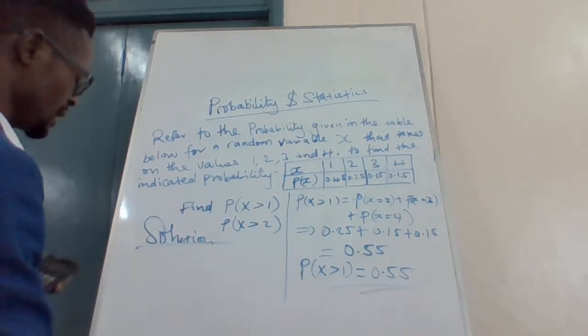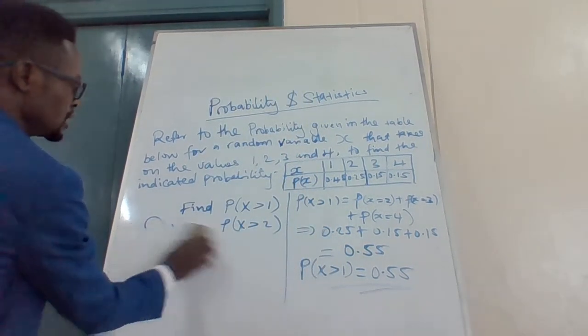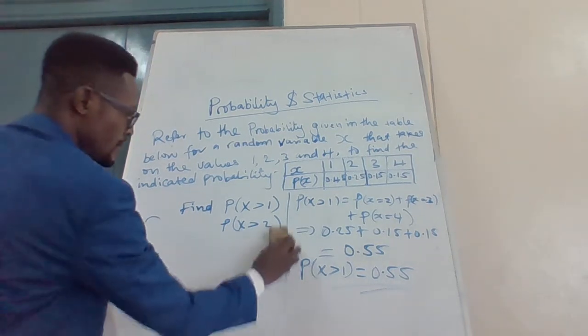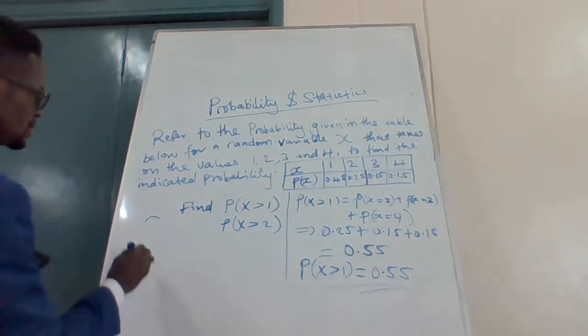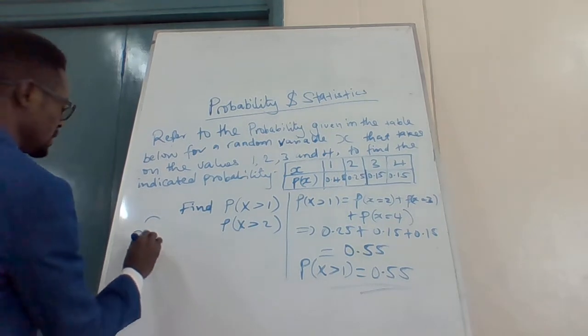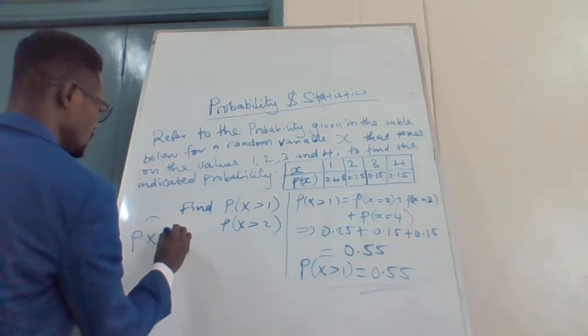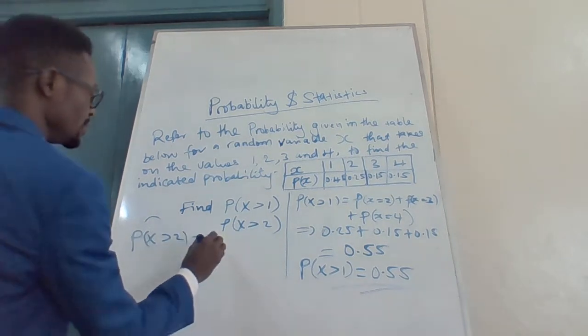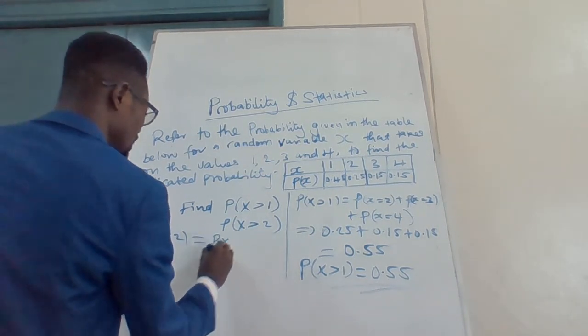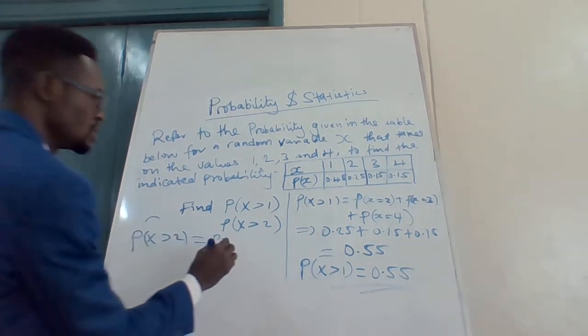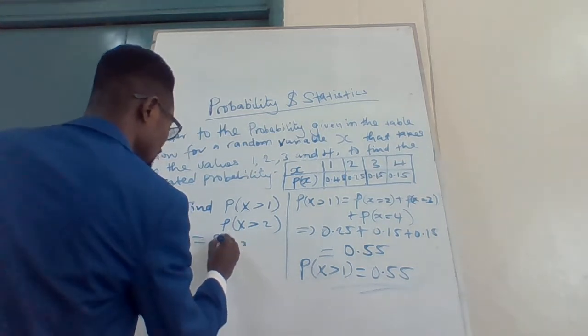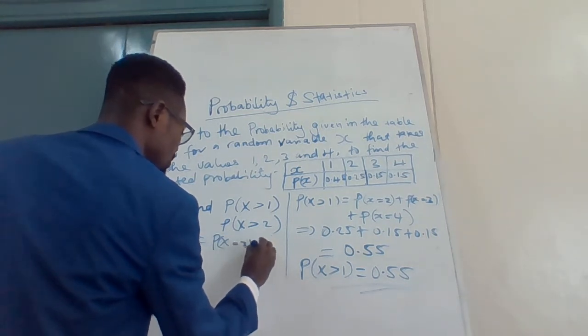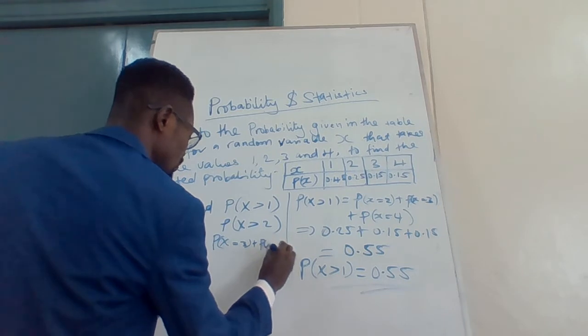Now, the second part here is the probability of x greater than 2. Like we did in the first one, this will be the probability of x. Since it is greater than 2, it is x equals 3 plus the probability of x equals 4.